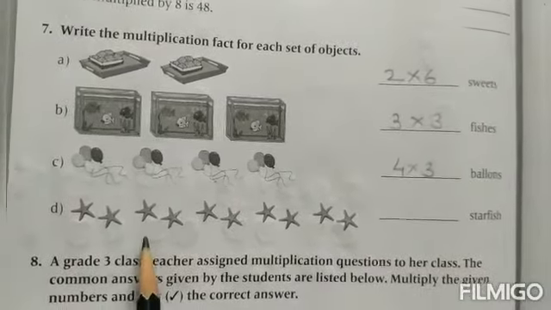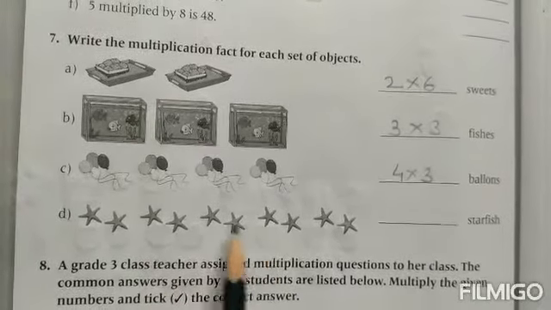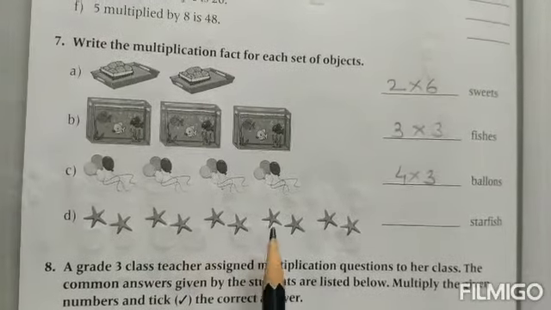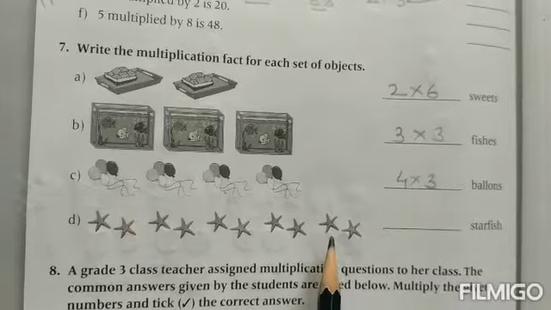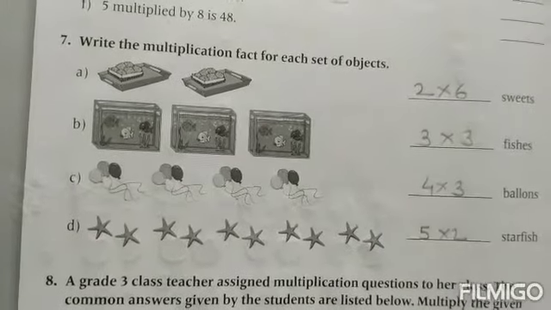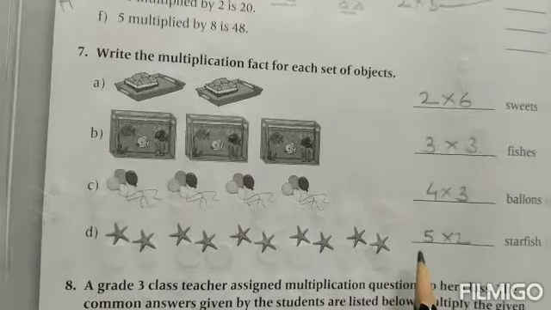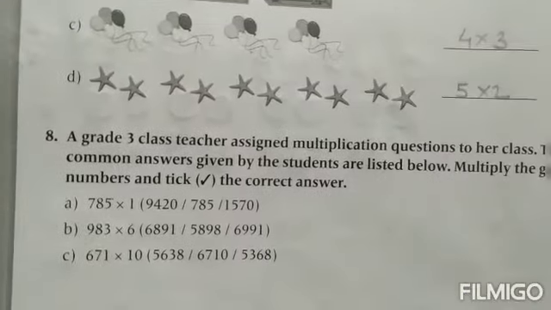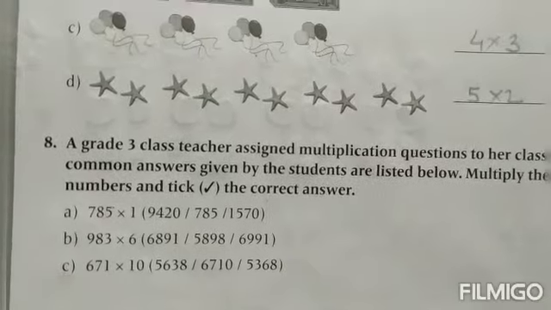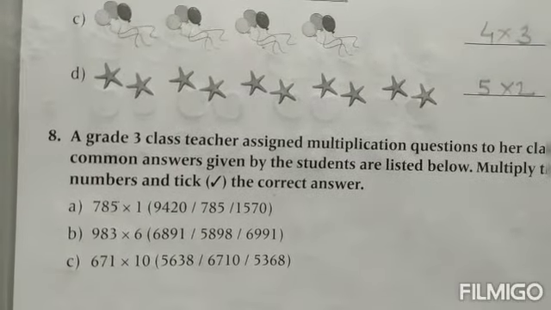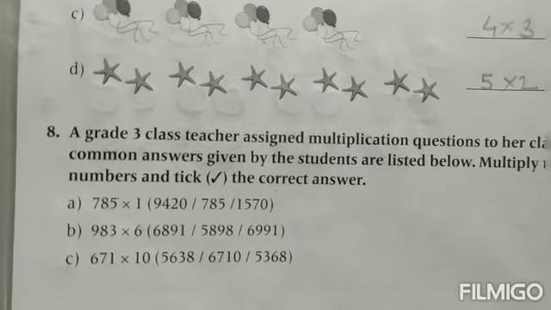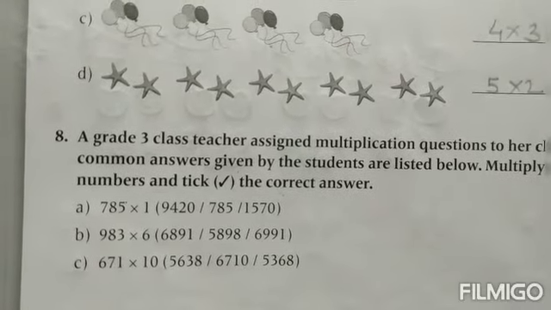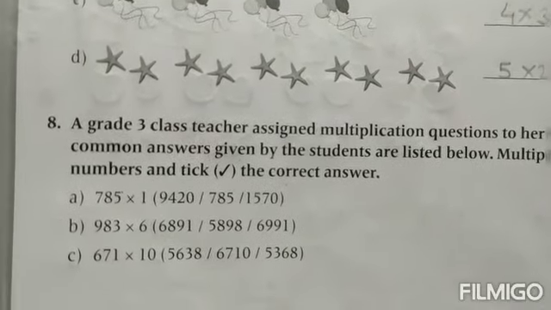In the next picture, 5 groups having 2 starfish. So write here 5 multiplied by 2. Children, in the next sum, here we have to find out the correct answer from the given options.